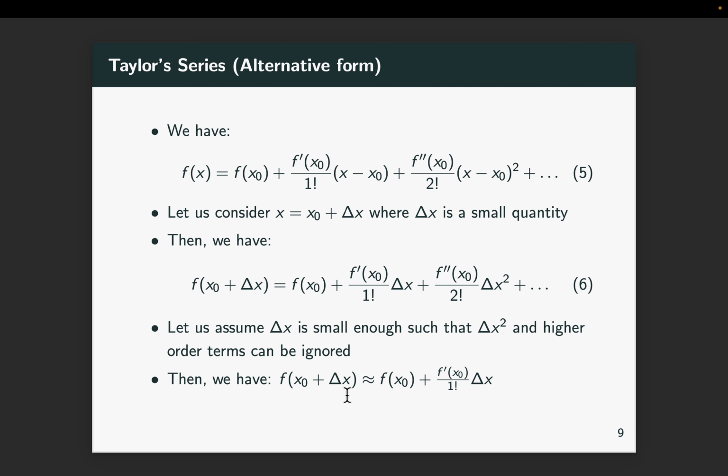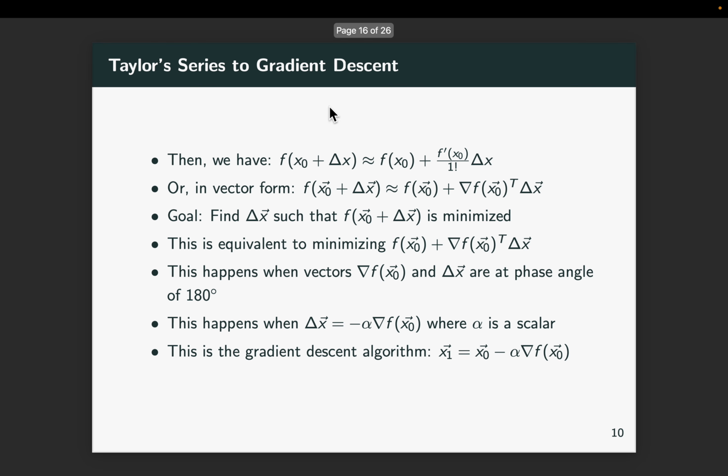The first order approximation of the function f of x around x naught, we are not going very far, it's just x naught plus delta x given as the following. So this is the general Taylor series expansion that we have written.